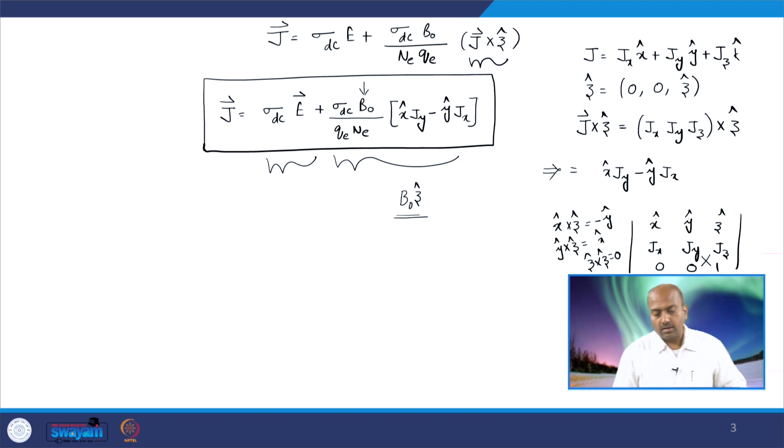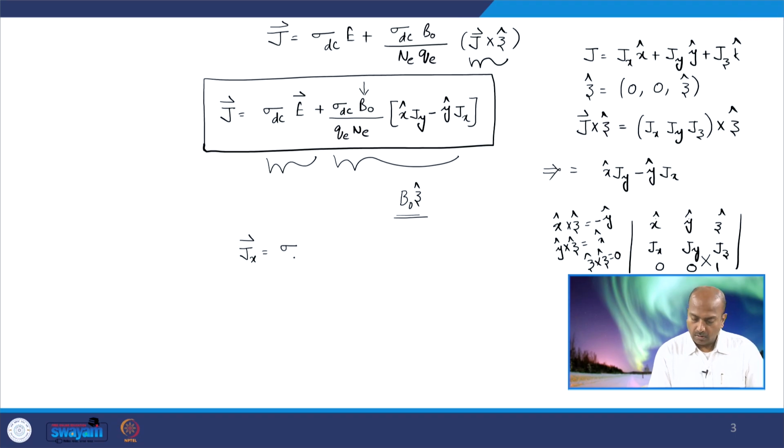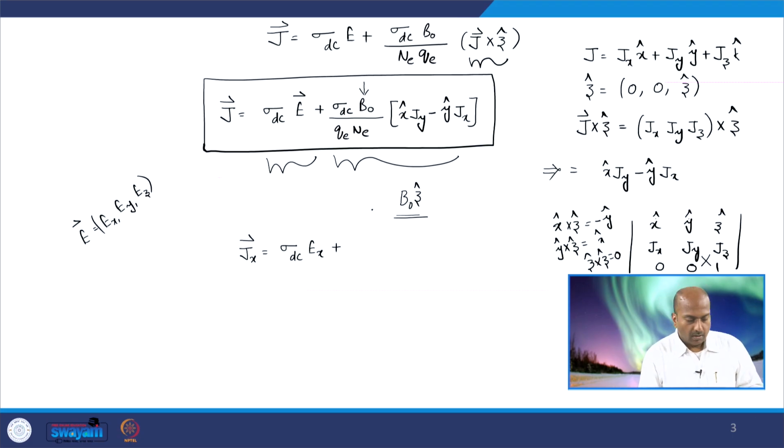So what I will do is I will just separate this equation into the three components. So Jx is equal to sigma dc Ex. So we should also identify the electric field E as this vector Ex, Ey, Ez. So this is a vector equation and these are the scalar components. Sigma dc Ex plus omega Ce by nu, the collisional frequency, times Jy.